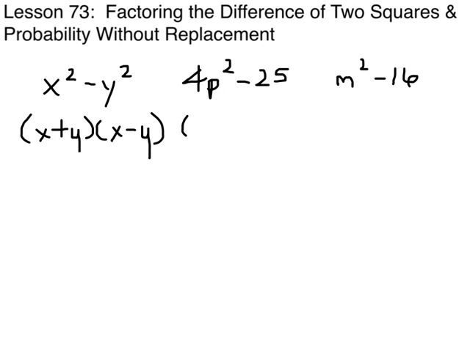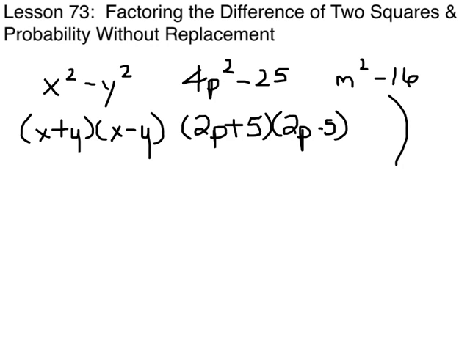And here, 2p plus 5, 2p minus 5. And then this one I'm going to come down here, m plus 4, m minus 4. And that's really all there is to it. It's very, very simple. Let's do a couple more.